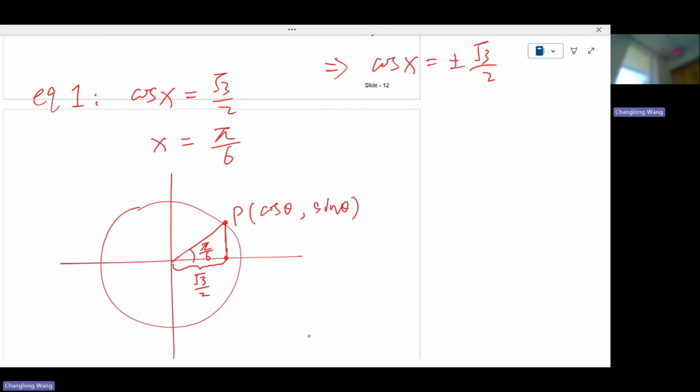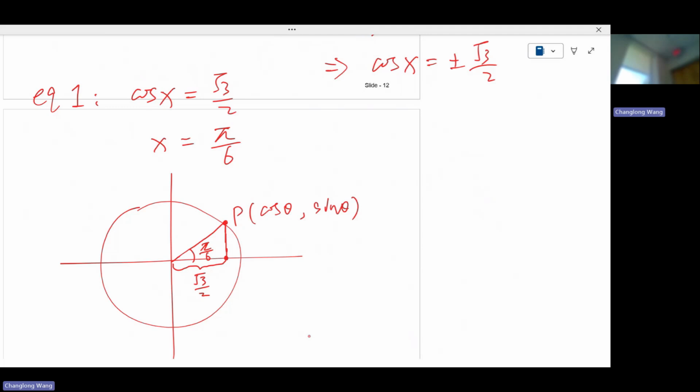All right, so again, the P is somewhere on the circle. The radius is going to be 1. According to the unit circle definition, the way to track the P is by going with the xy coordinates. But since the angle associated with the point P tells us the horizontal coordinate, the x coordinate has to be cosine of that angle.